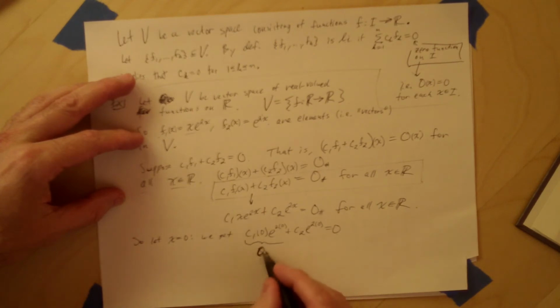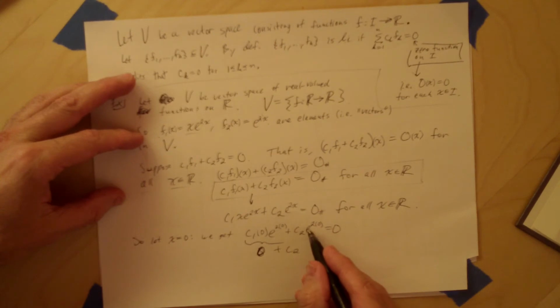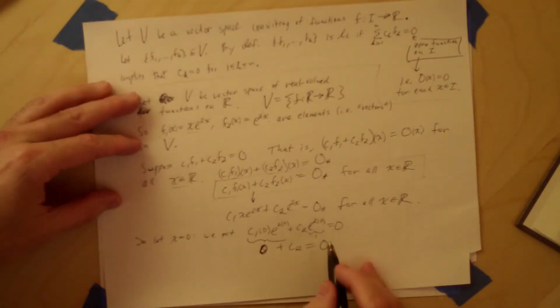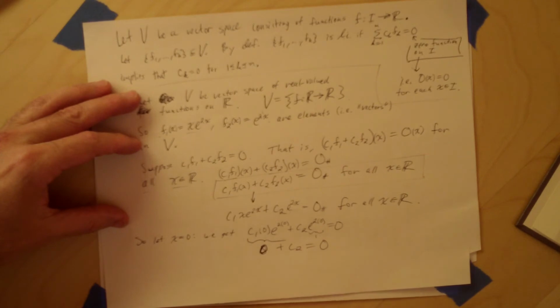And here, this is e to the 0 power, which equals 1. So 0 plus c2 is 0. So we have here that c2 has to be 0.